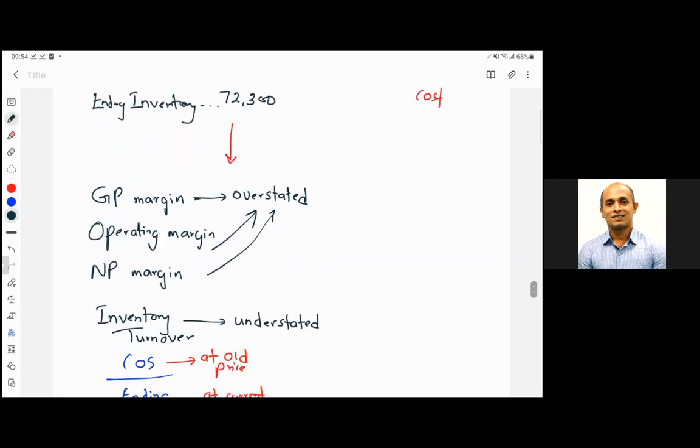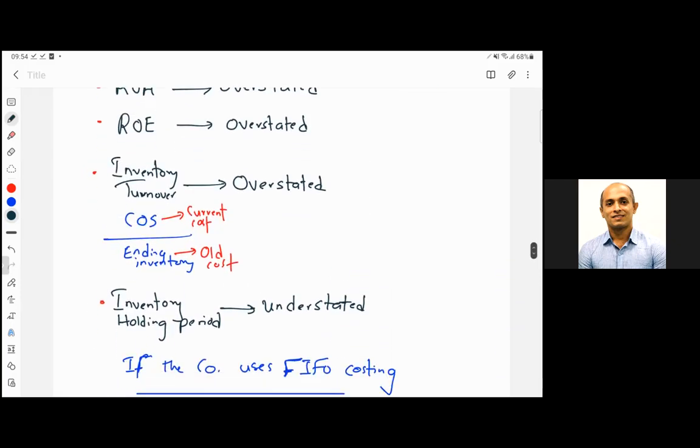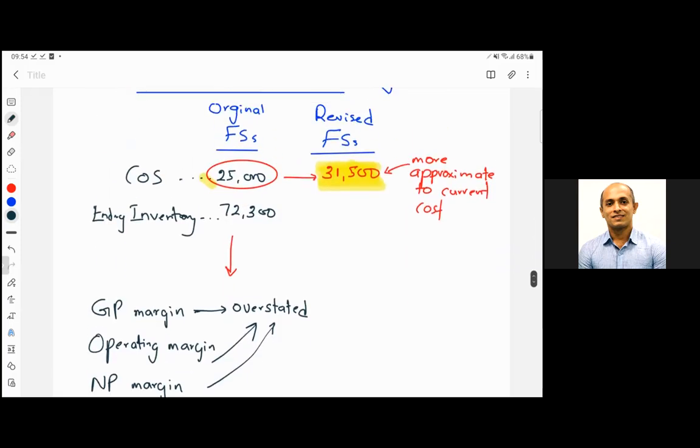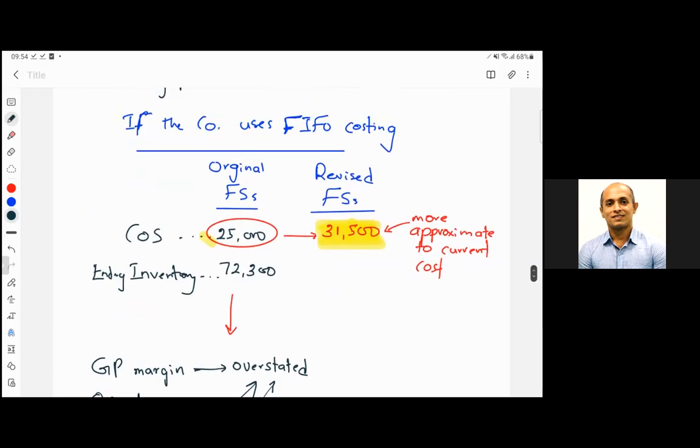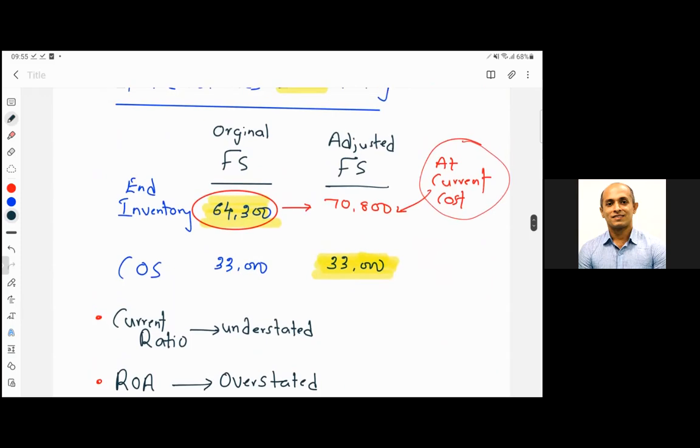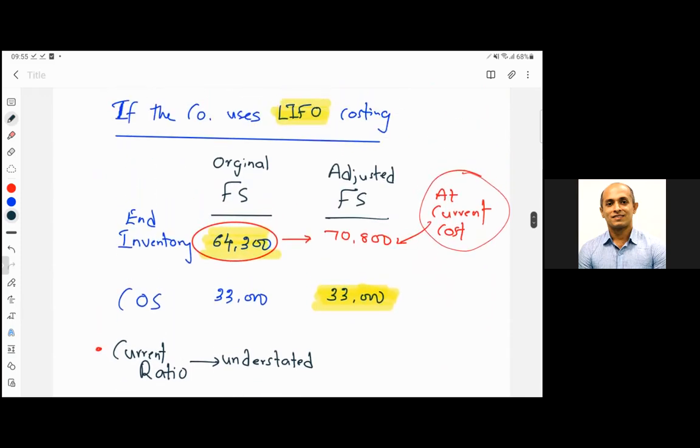Right. Now, by studying this inventory costing, we found under the FIFO method, the cost of sales value is not appropriate for our analysis. So we need to adjust cost of sales. That's why we have a revised cost of sales value. Under the LIFO method, we found the ending inventory value is not appropriate for our analysis.